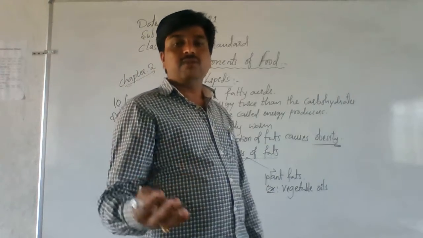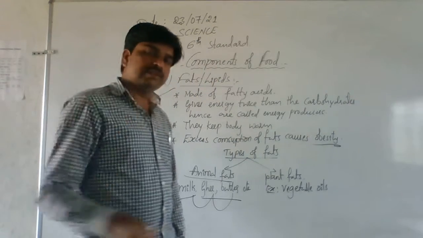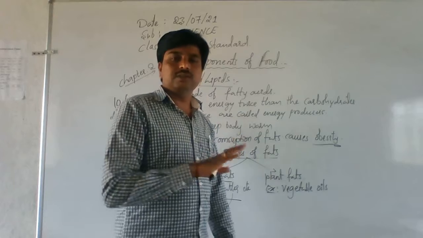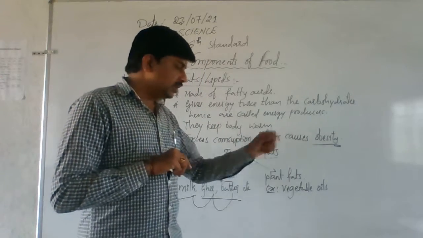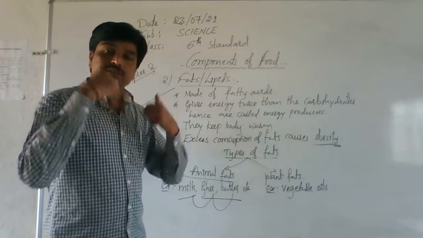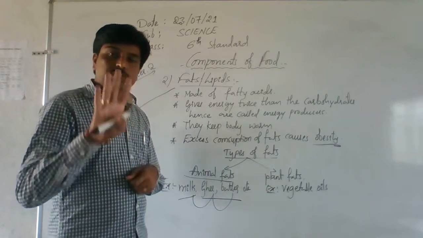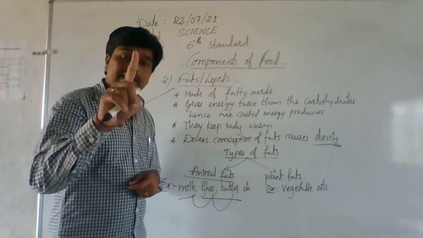Understand? Vegetable oil, sunflower oil, groundnut oil, mustard oil, coconut oil, soybean oil, all these kinds of oils which we use in our daily life for cooking. Yes or no? Hence these oils and your ghee and butter provide fats and lipids to our body. So provide lipids or fats in the required amount, but don't eat excess fats.